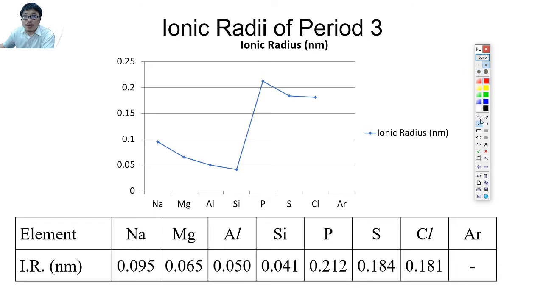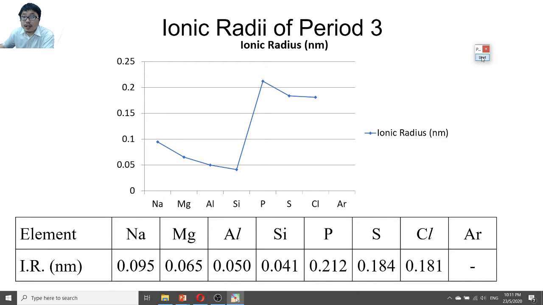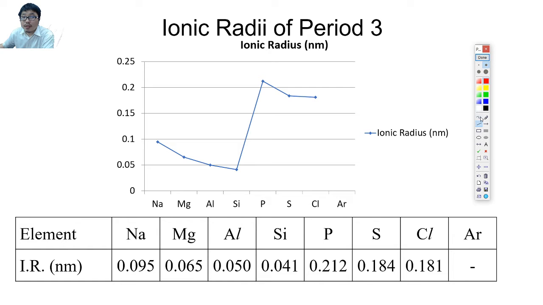When we talk about ions, we are talking about sodium plus, magnesium 2 plus, aluminium 3 plus, silicon 4 plus, phosphorus 3 minus, sulfur 2 minus, chlorine minus, and of course argon, there is no value to it because argon does not become an ion.